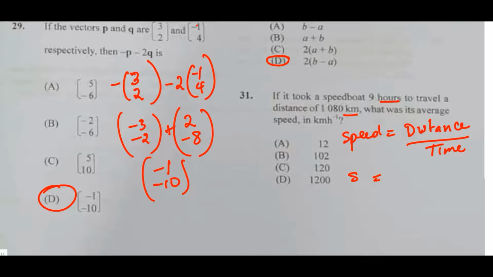So the distance is 1080 kilometers and the time is 9 hours. From our timetable, 9 into 108 is 12, and 9 into 0 is 0, so we get 120 kilometers per hour. So our answer would be C. And they could have written the question to confuse the units to see if you got it. So kilometers per hour.